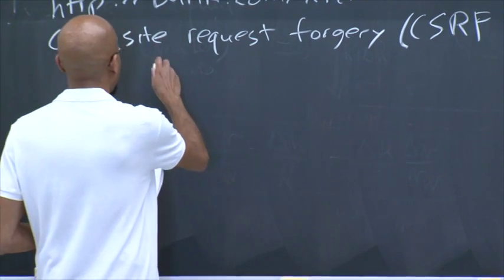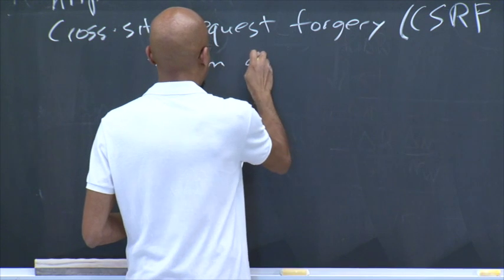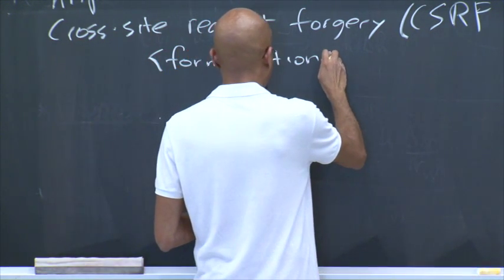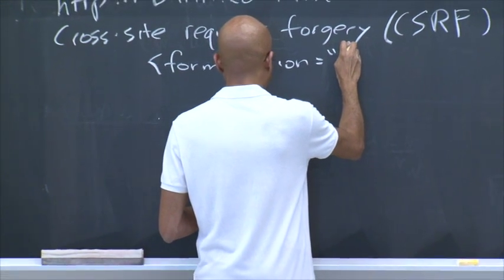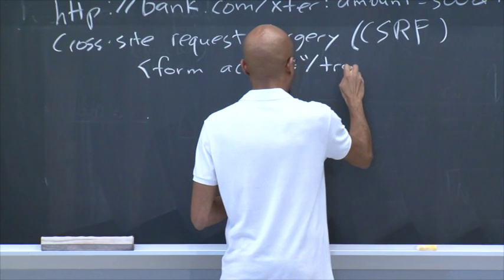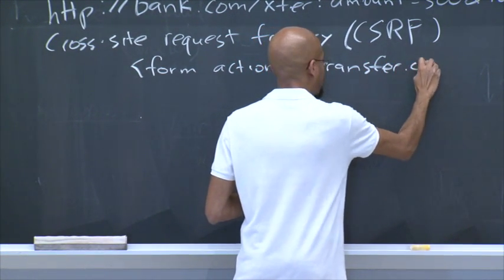So for example, you can imagine that inside the bank's web page, it's going to have some form, right? The form is the thing which actually generates a request like this. So maybe the action of that form is transfer.cgi.